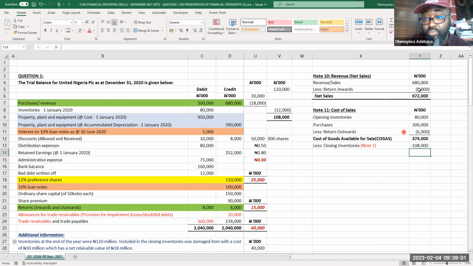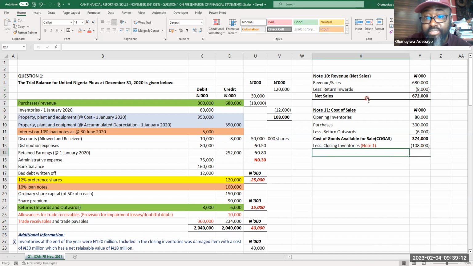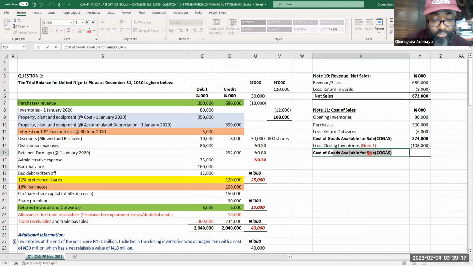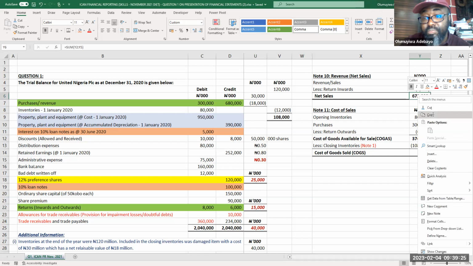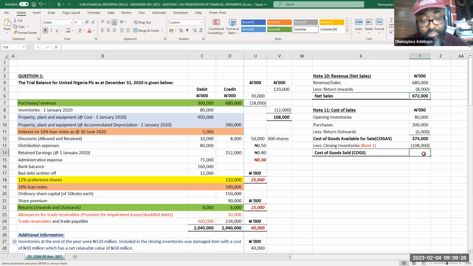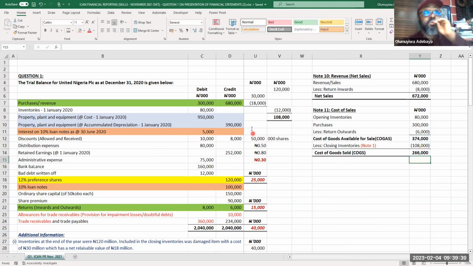Therefore, what is my cost of goods sold? 266.